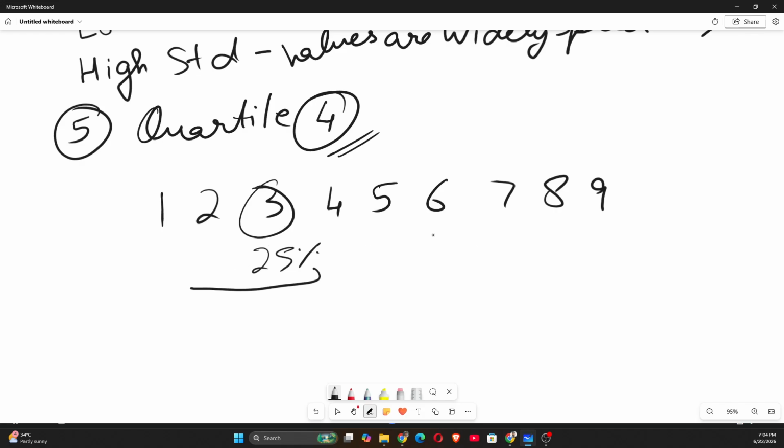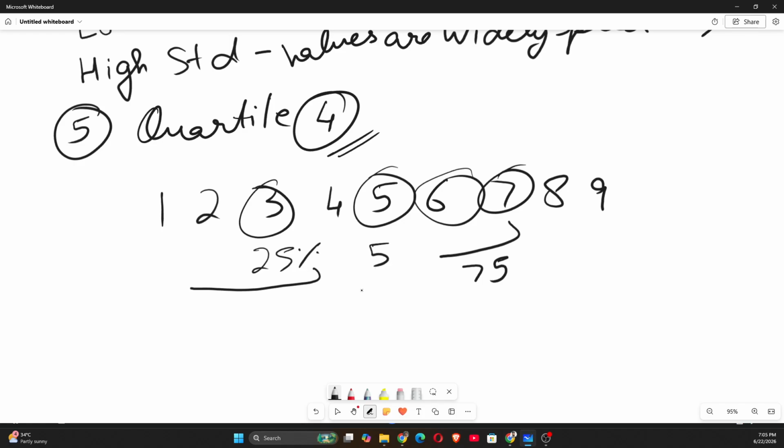Next will be quartile 2, which would be below 6, and then quartile 3 would be 75%. So median is 5, the middle value, which is 50%, and 75% is 7.